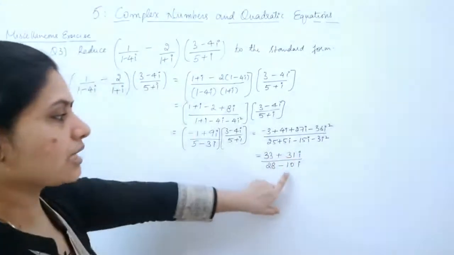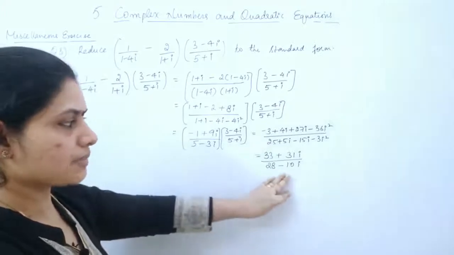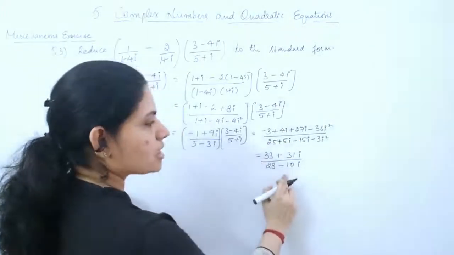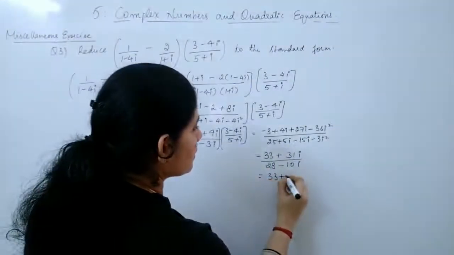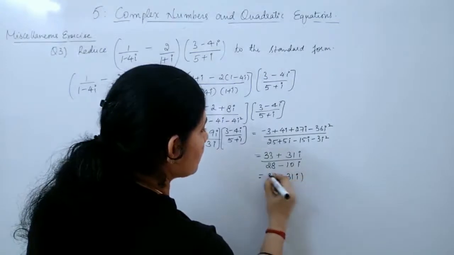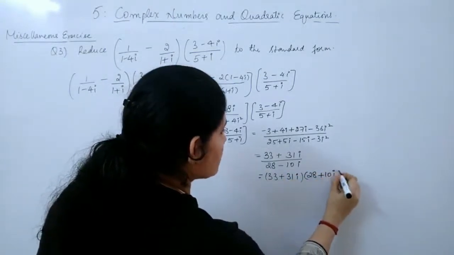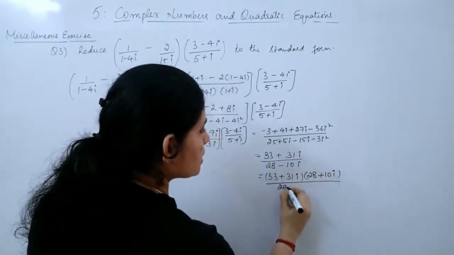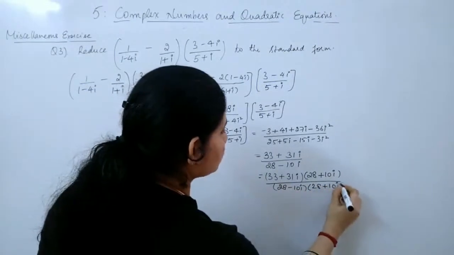Now you have to take the conjugate of the denominator, because we cannot split and write it as a plus ib form. So you have to take the conjugate of the denominator and multiply the numerator and denominator with the conjugate, that is 33 plus 31i into 28 plus 10i is the conjugate of 28 minus 10i, so that this will give you 28 minus 10i into 28 plus 10i.